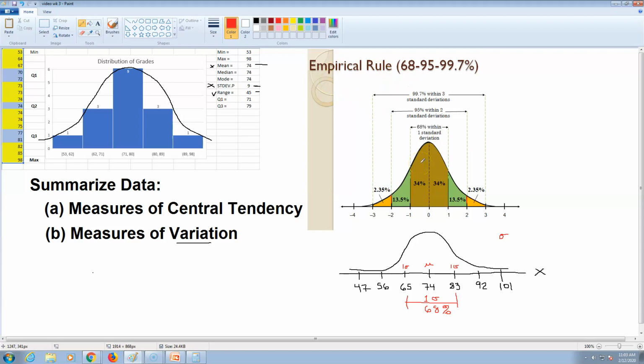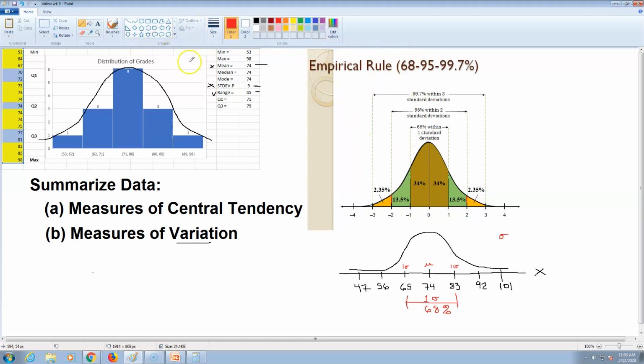For example, if the dean asks me, hey Diaz, how did your students do in that first test, I can tell her 68% of my students, around 12 out of the 17, got a grade in between 65 and 83. And I got that information by using the empirical rule.